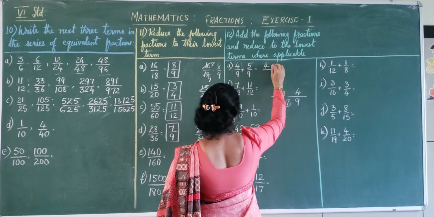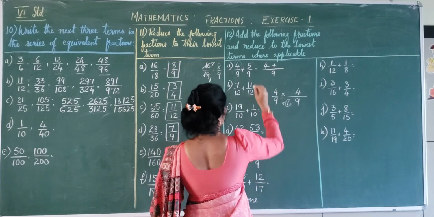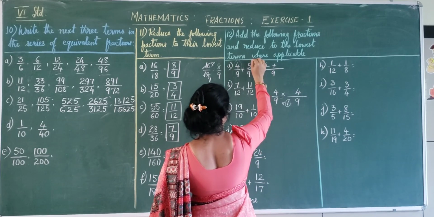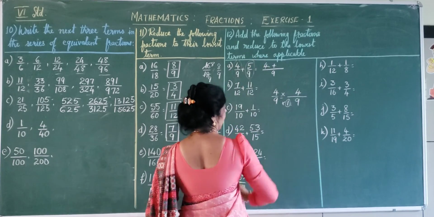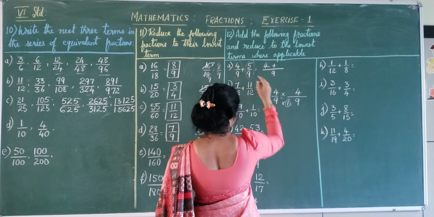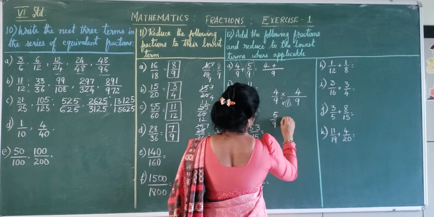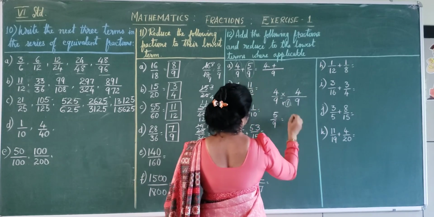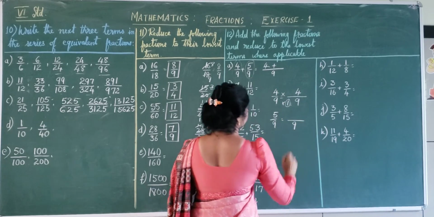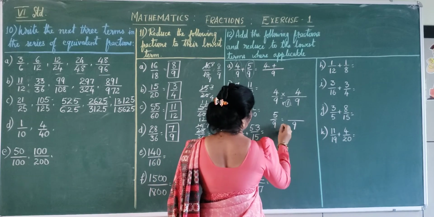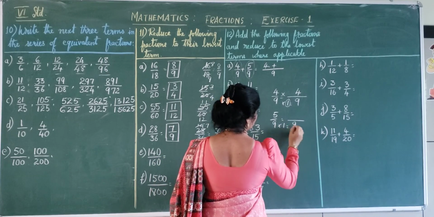Plus, you are putting the plus here. Now you have to multiply this with the second fraction. The second fraction is 5 by 9, again commonly 9, so we are writing 9 here. Now again 9 into 1 is 9.